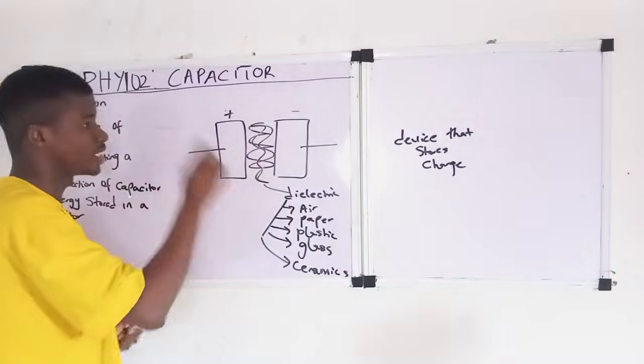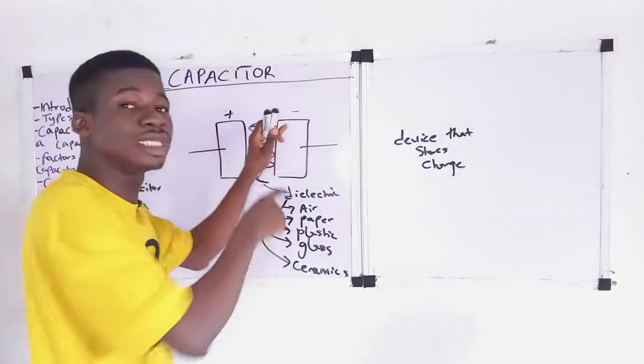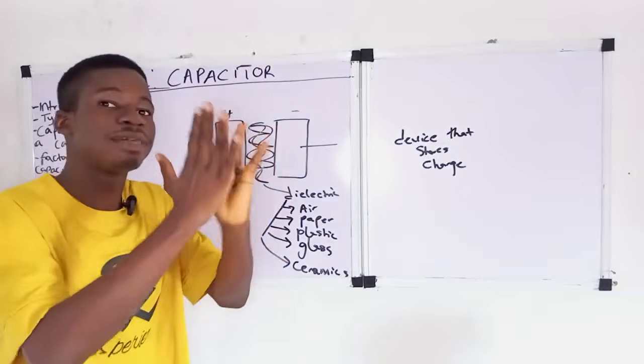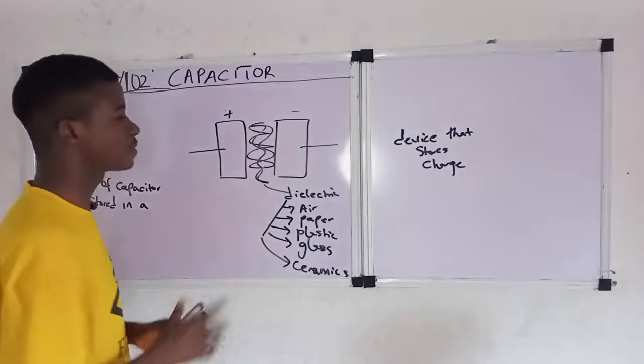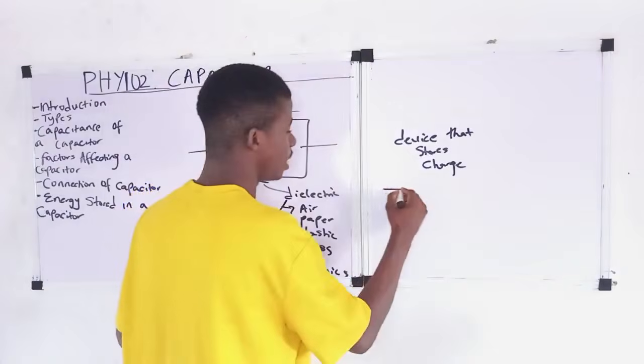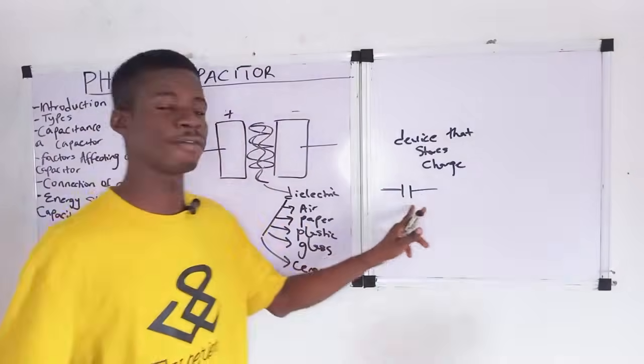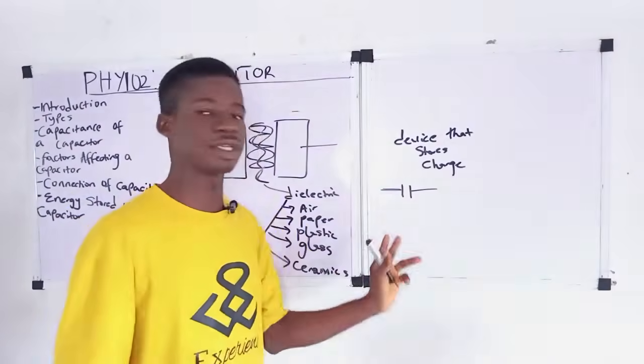It prevents current from moving directly from one plate to the other, so it separates the two plates. Apart from that, a capacitor is represented by this symbol. This is how a capacitor is represented.